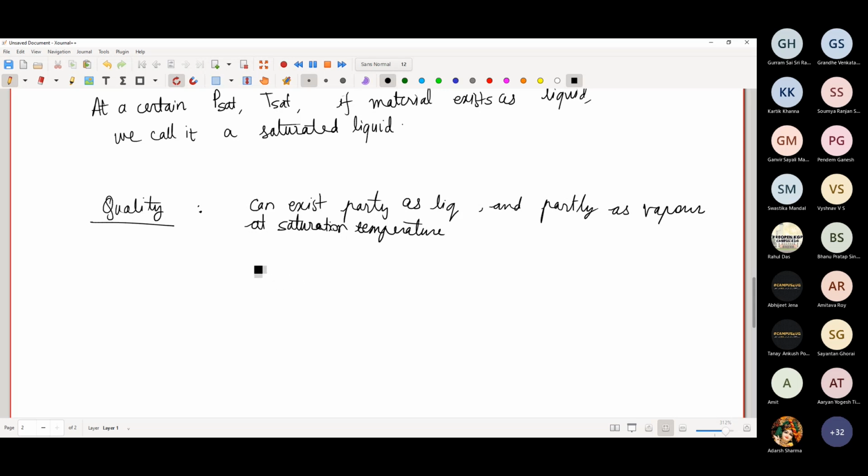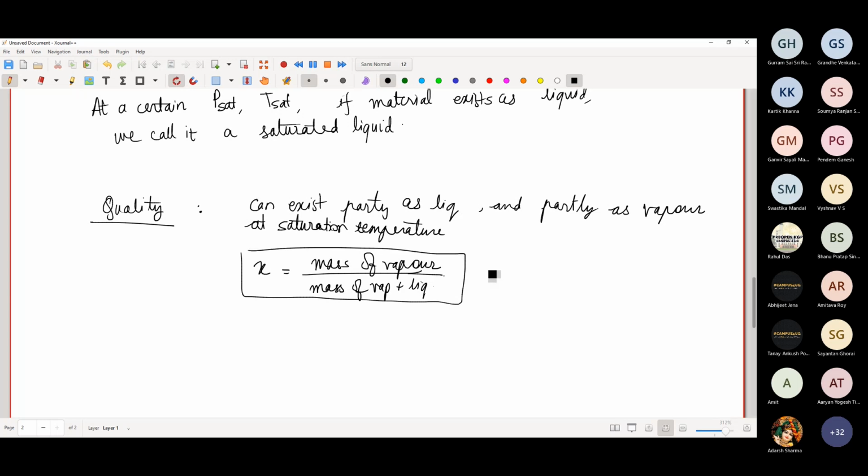So we define quality X as the ratio of mass of vapor divided by mass of vapor plus liquid, so total mass basically. When X equals 0, what does it correspond to?